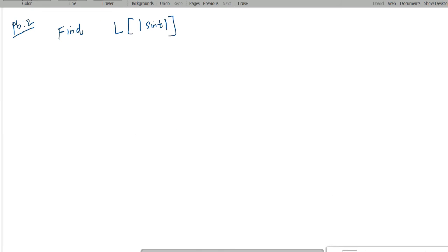Find L of modulus sin t. So we know that modulus x is nothing but, you can split, you can rewrite this formula as like this.